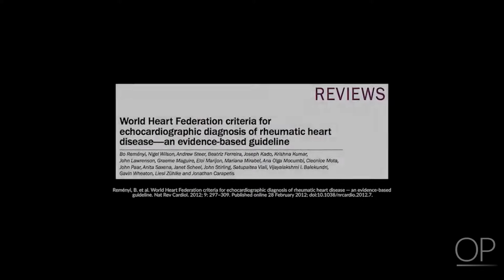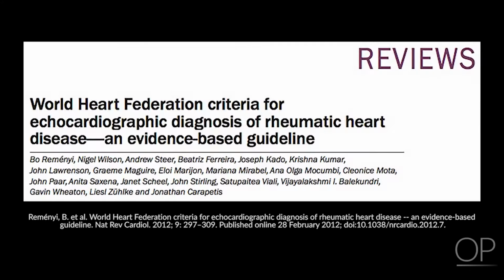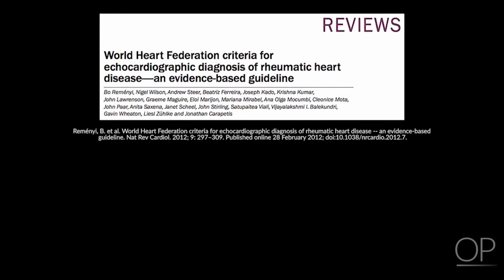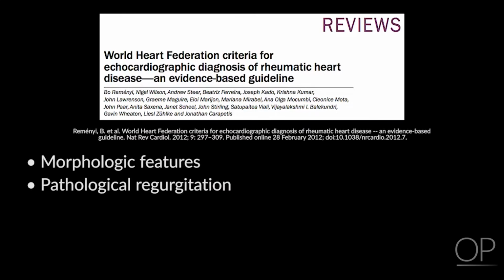In 2011, the World Heart Federation developed criteria to make echocardiography reporting simple, reproducible, and consistent worldwide. The echocardiography criteria help in screening for rheumatic heart disease in school children, and are based on morphologic features and pathological regurgitation for the mitral and aortic valves.